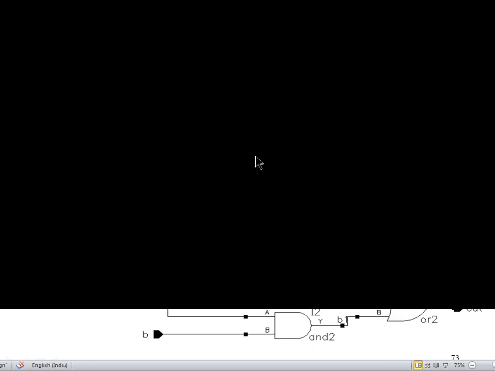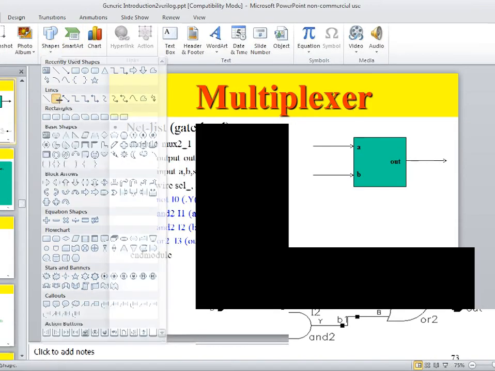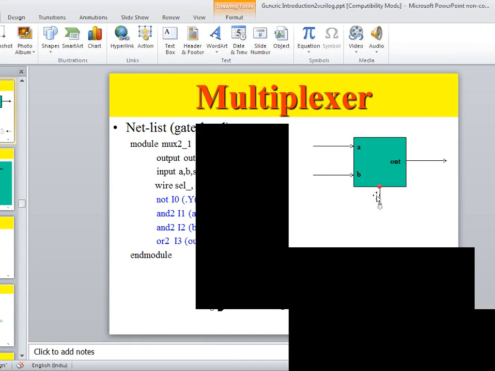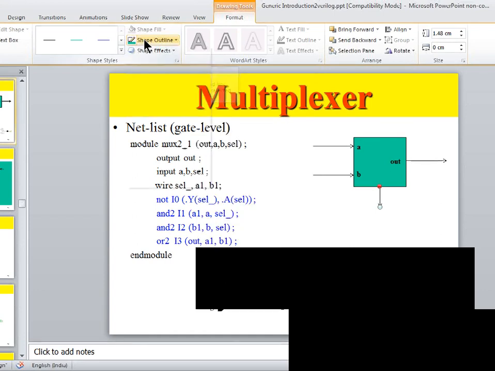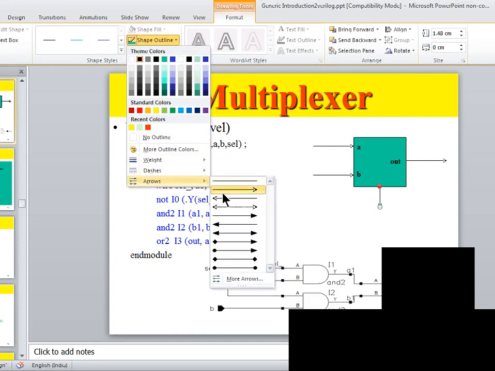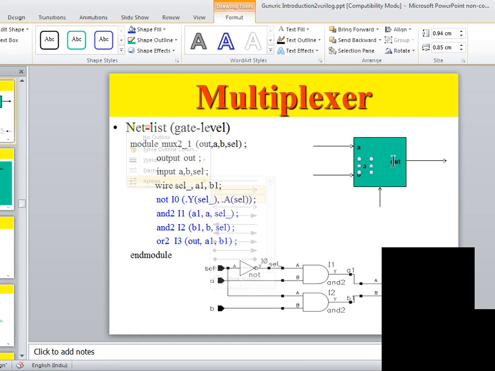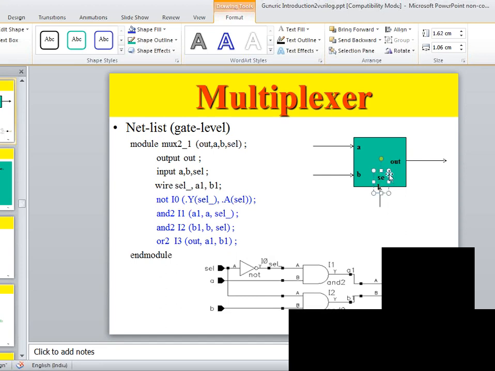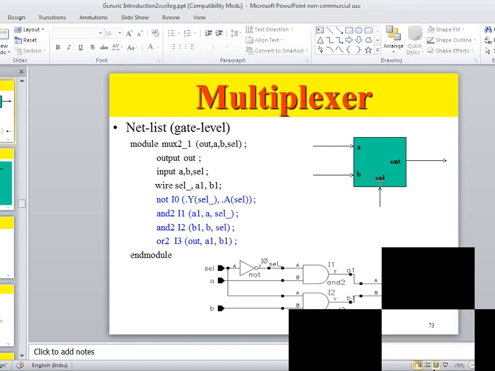So I need to have the select line also. So this is my A input, this is my B input, this is my select input.